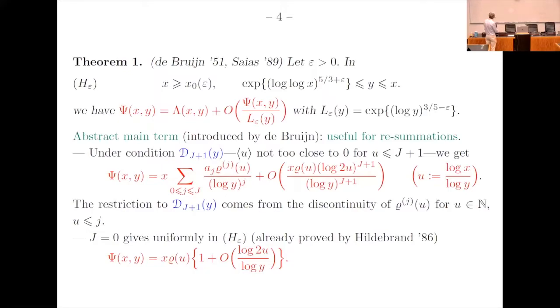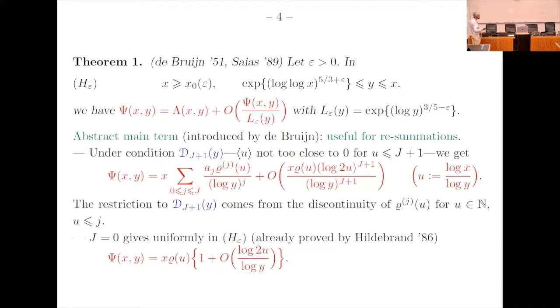This restriction is due to the fact that there is some discontinuity. Of course, for rho of u, there is a problem of discontinuity when u equals 0. And then if you look at the derivative, there is a discontinuity in 1 and so on. But for capital J equals 0, it gives back the result of Hildebrand, the approximation of psi of xy in a very large domain by x times rho of u.